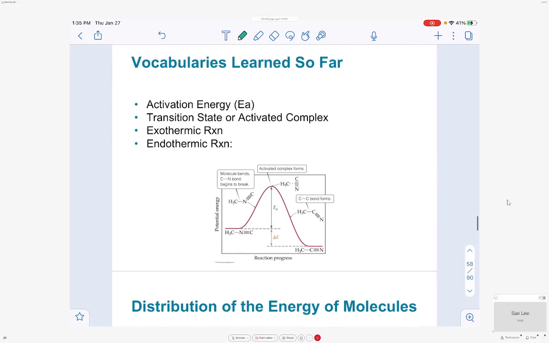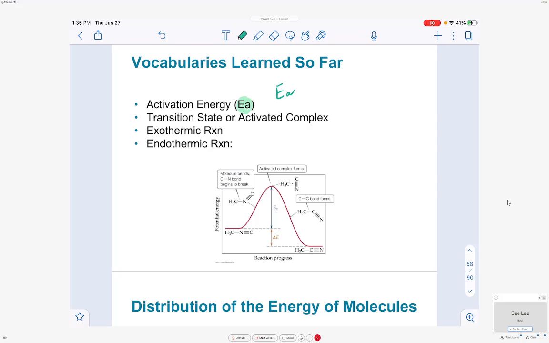So let's review some of the vocabulary that we learned so far. Activation energy is the minimum energy needed for a reaction to take place, and you can also use the notation EA. Or you can also explain that it's the minimum energy to overcome the energy barrier of the reaction.